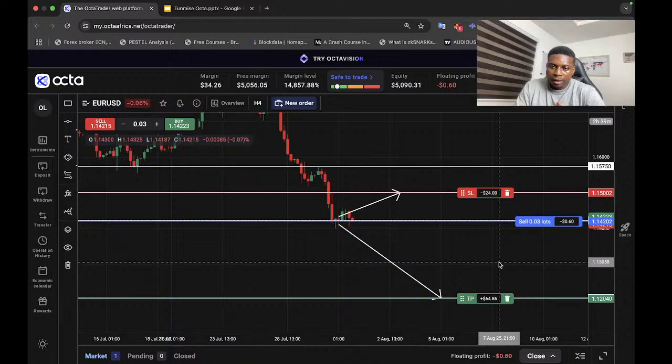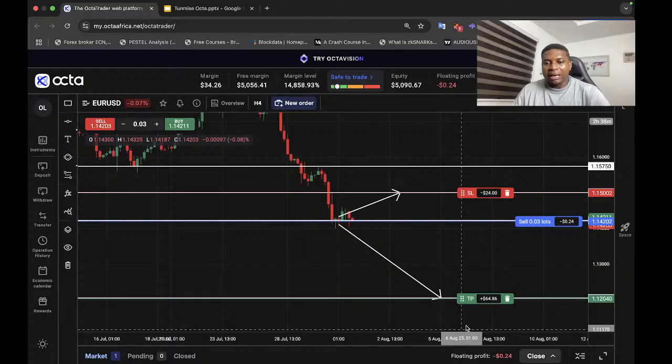I've positioned myself at that point, taking a sell position. Having taken a sell position, it is important that as traders you consider risk management. That is why I decided to go further to set my stop loss and my take profit level.